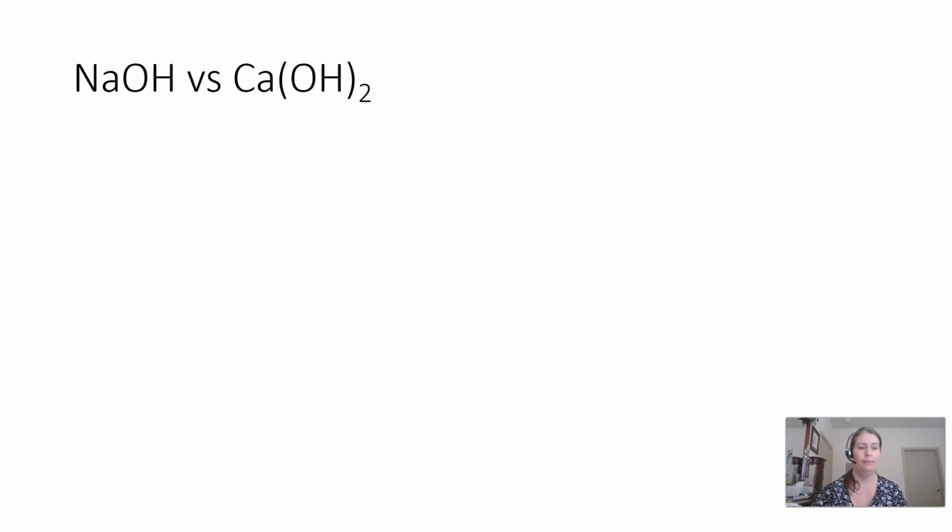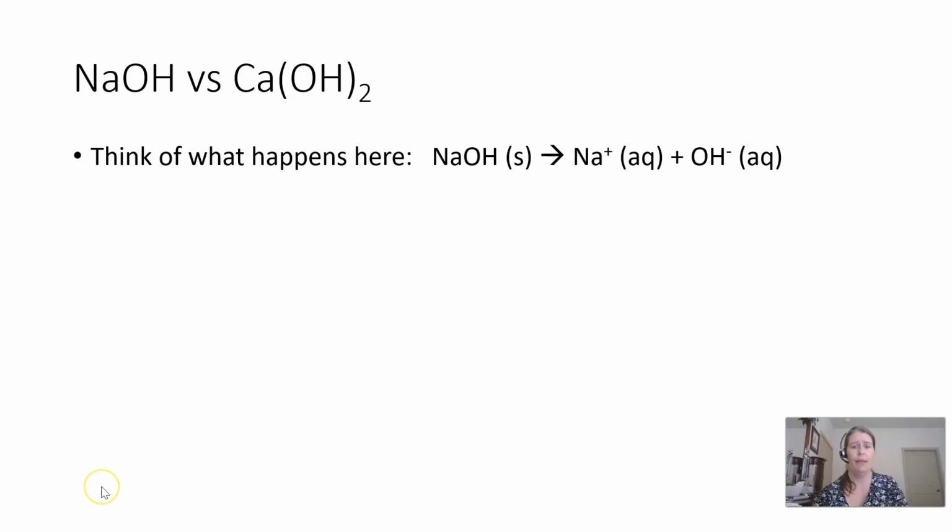So let's look at a solution of calcium hydroxide versus sodium hydroxide. And oftentimes, especially with something like sodium hydroxide, the sodium is usually a spectator ion. And so most of the time we'll be thinking about the ion concentrations a little differently from each other.